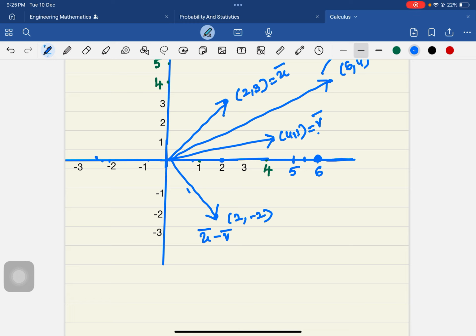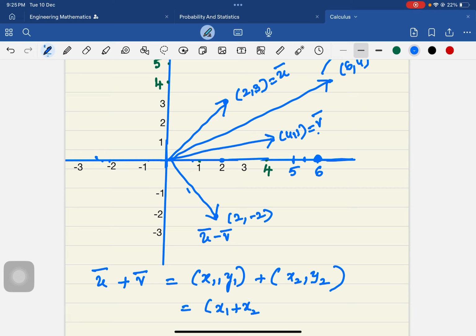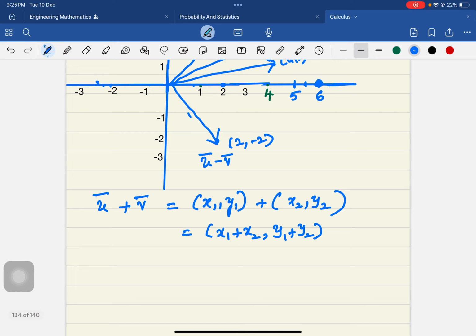Now what do you mean by the vector addition? By the general formula, suppose u bar is (x1, y1) and v bar is (x2, y2), then u bar plus v bar is given by (x1 plus x2, y1 plus y2). This is the notation for u bar plus v bar.